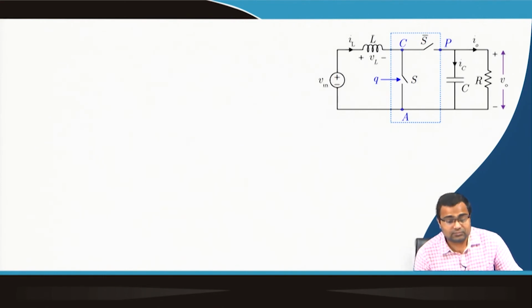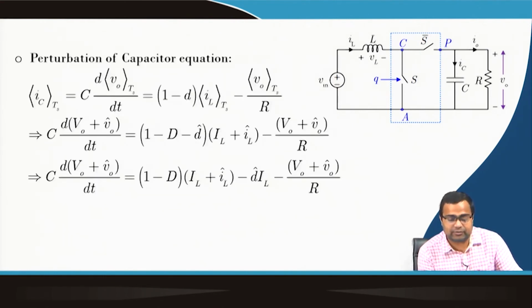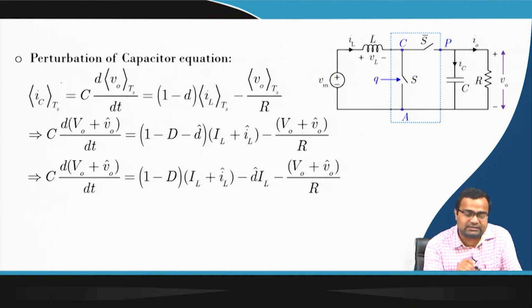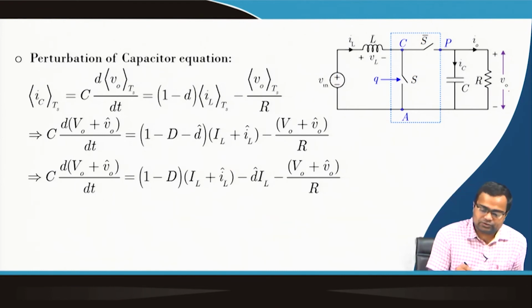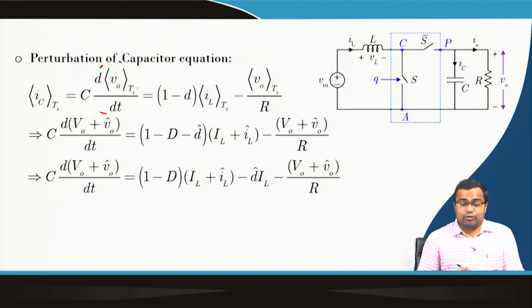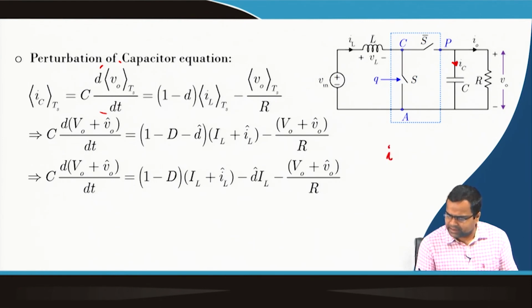Next, let us derive the capacitor current equation. The average capacitor current is C dV0/dt. Since there is no ESR in the capacitor, the capacitor voltage is the same as the output voltage, so you can take the average voltage and its derivative. For the boost converter, the instantaneous capacitor current is minus V0 by R when S is on, and it is IL minus V0 by R when S is off.